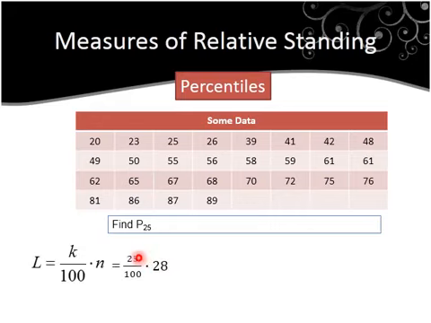K, of course, is 25 divided by 100 times the number of data points I have, 28, gives me 7. So that means I have to go to the 7th spot, which is 42. And since L happened to be a whole integer, I'm going to average the values in the 7th and the 8th spot. So that means the 25th percentile is 45.